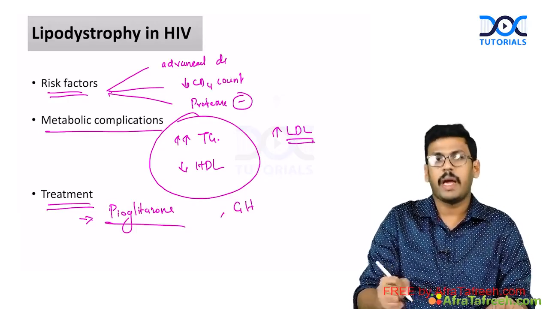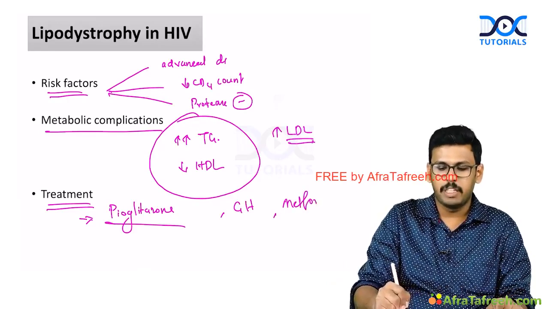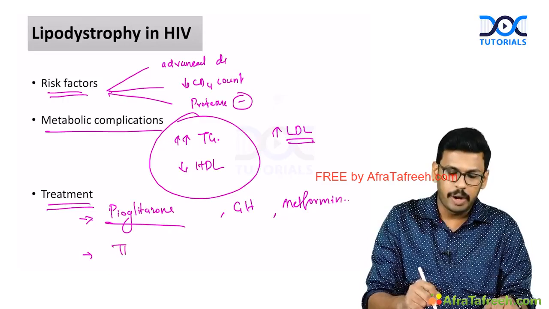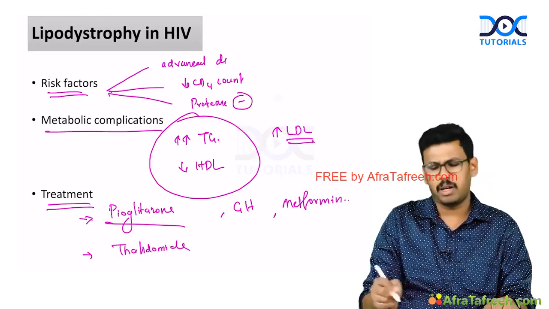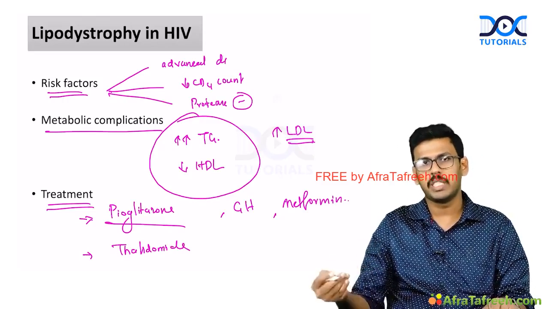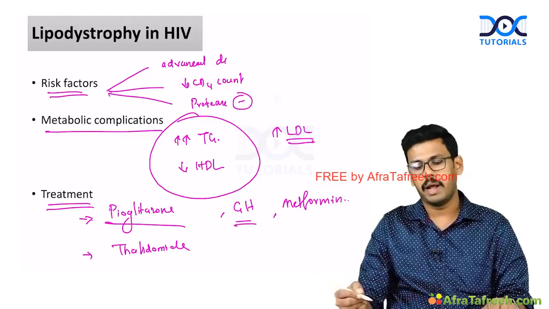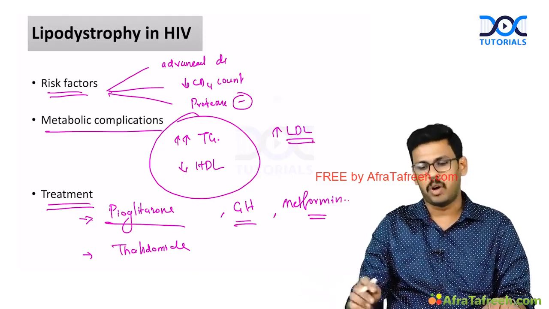Growth hormone can cause some improvement. Metformin has been found to have some beneficial effect. Previously some other medications like thalidomide have also been used in lipodystrophy, but currently not used. So at present we may use pioglitazone if the patient is having coexistent diabetes also, growth hormone is given in eligible patients, and metformin is also given if it is not contraindicated.